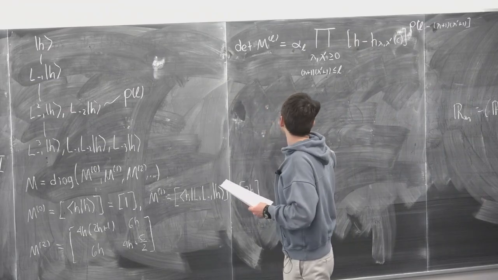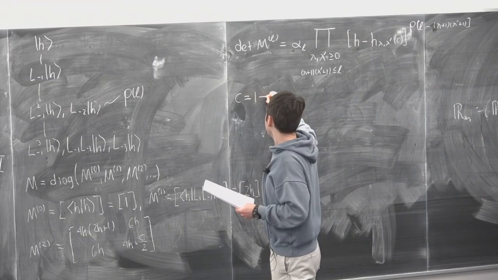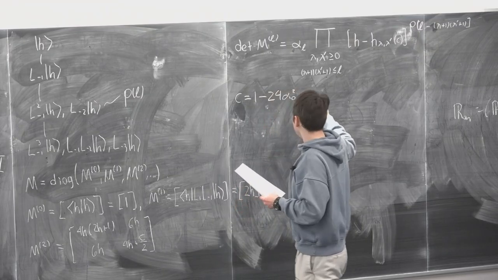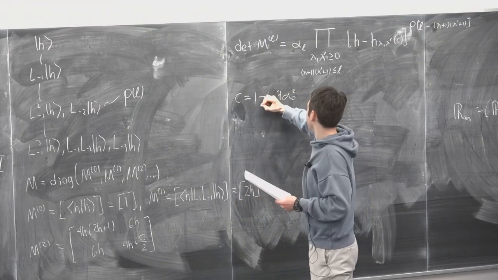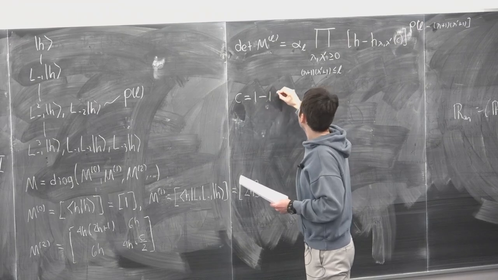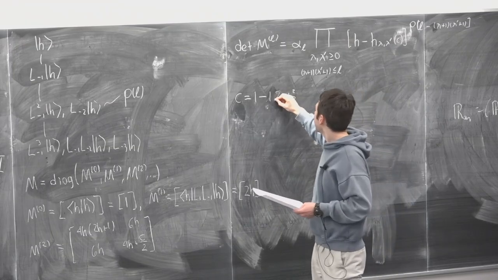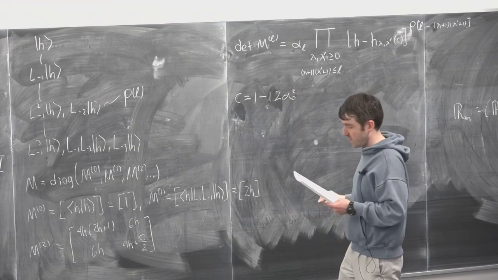So first of all, it's convenient to write it in this parametrization. Maybe 12, yeah. We write the central charge in this way.